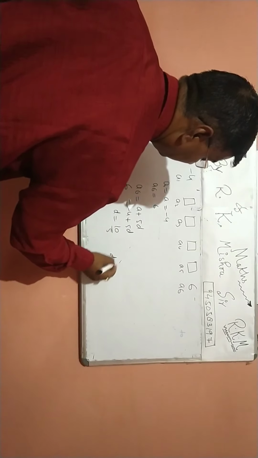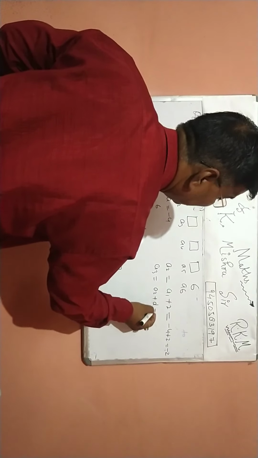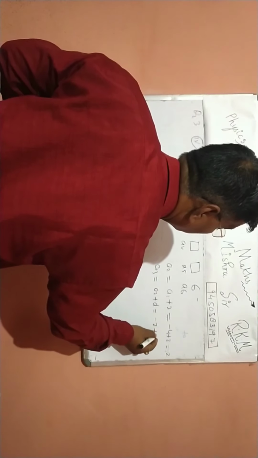A2 means A1 plus D, that is -4 plus 2, which is -2. A3 is A2 plus D, -2 plus 2, 0. A4 is A3 plus D, 0 plus 2, 2.